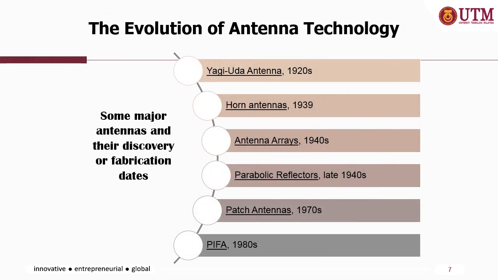Okay, from then on, antenna technology has been expanding, and the slide shows the major antennas that were discovered from the beginning of the 1920s up to the 1980s, and now we may see that more antennas have been designed to suit different applications.